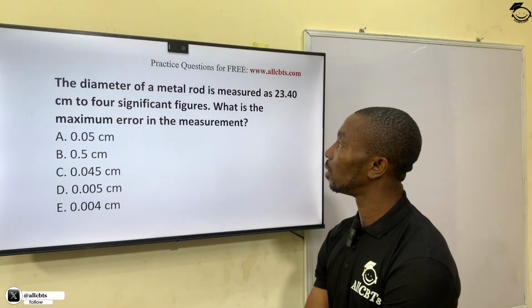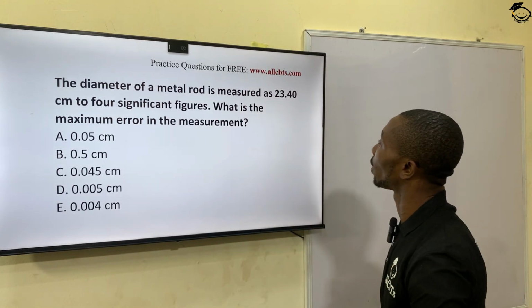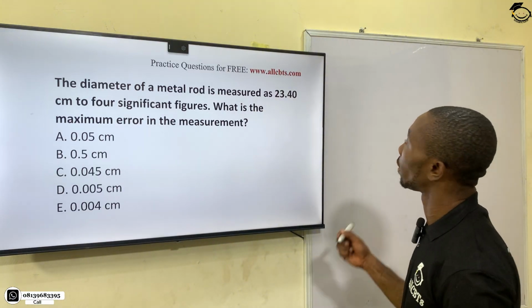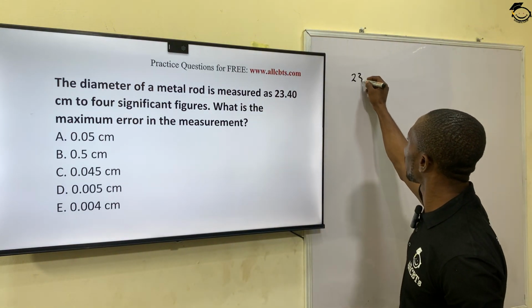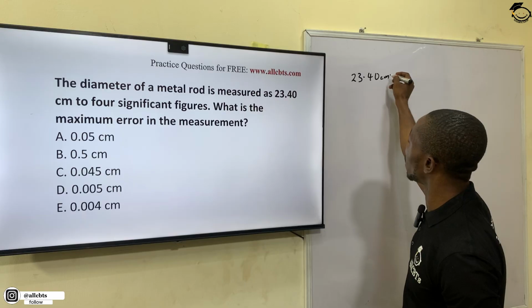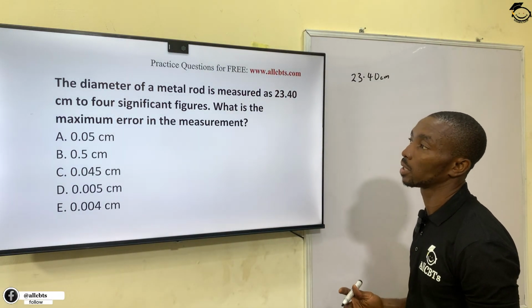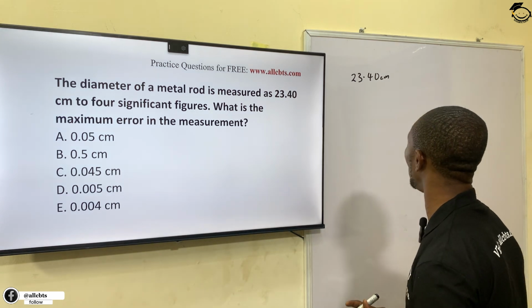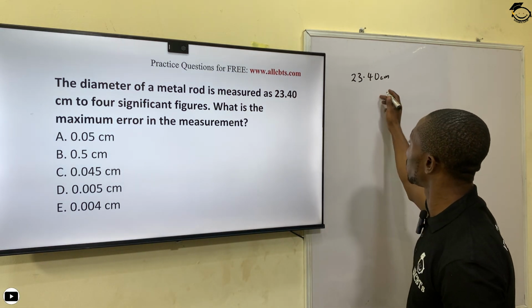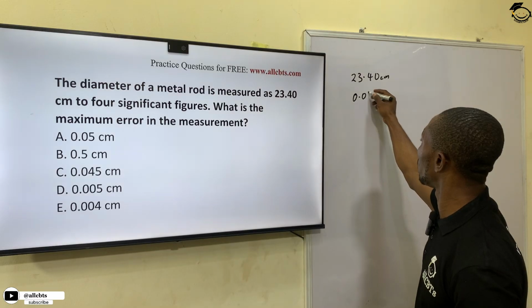The diameter of a metal rod is measured as 23.40 centimeter. So 4 significant figures. What is the maximum error in the measurement? Now, the smallest unit that we can have here will be 0.01.